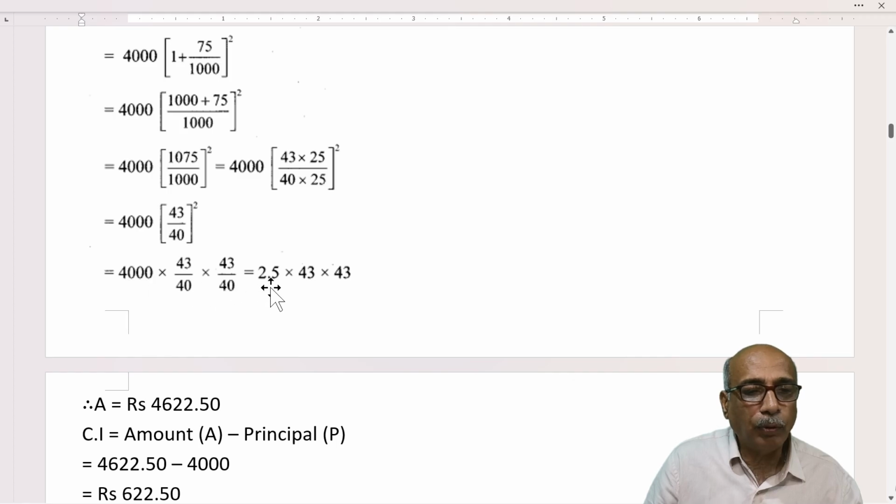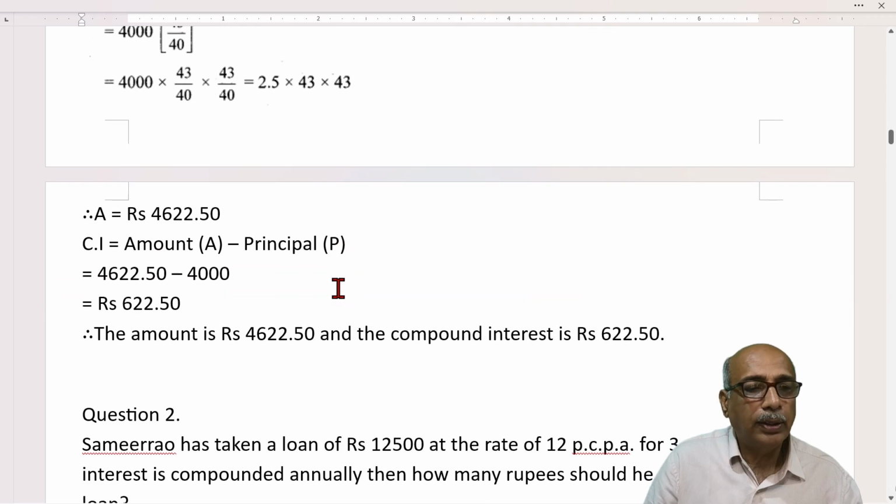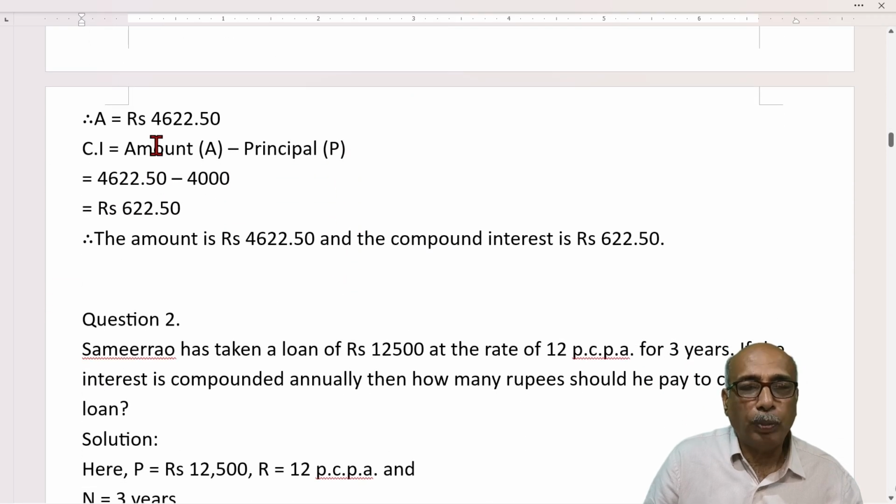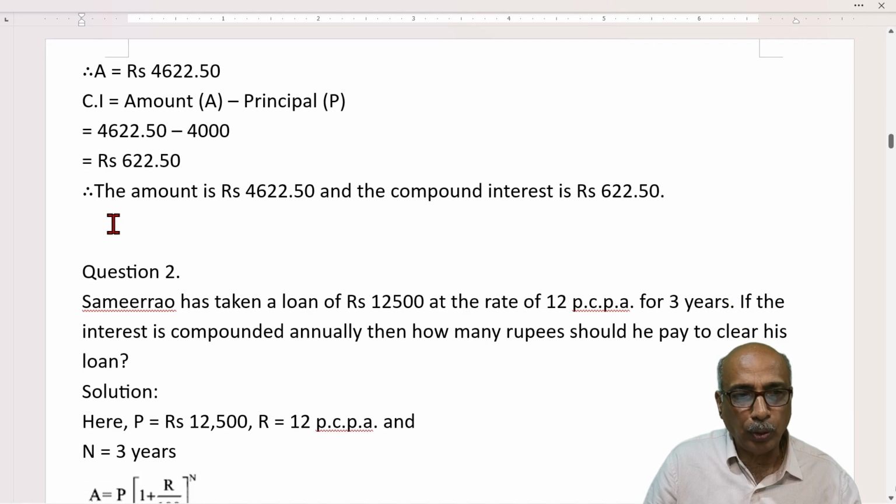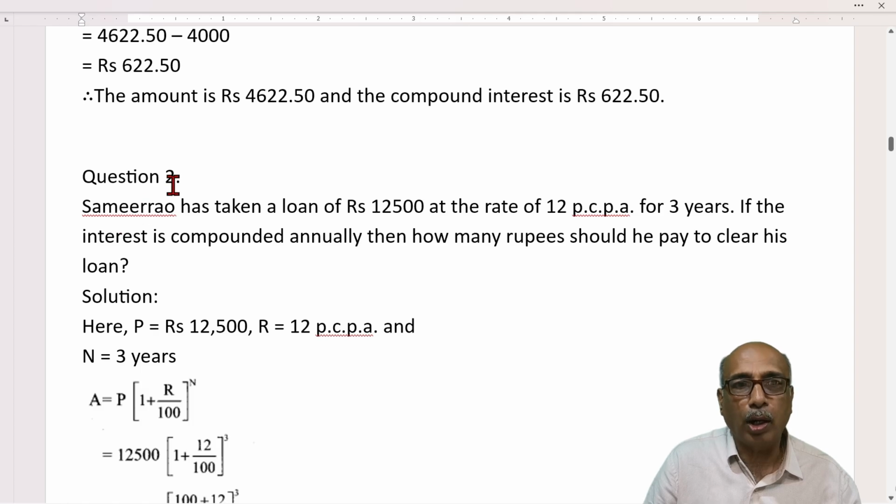Then 10 upon 4 is nothing but 2.5 into 43 into 43. Therefore, A equals rupees 4622.50. Compound interest equals amount minus principal, 4622.50 minus 4000, equals rupees 622.50. Therefore, the amount is rupees 4622.50 and the compound interest is rupees 622.50.